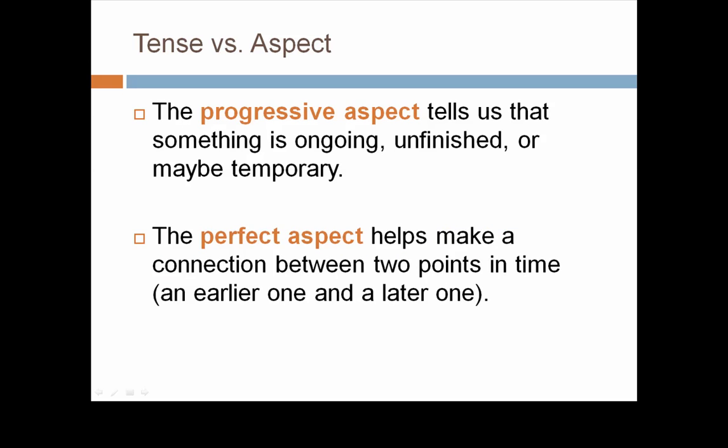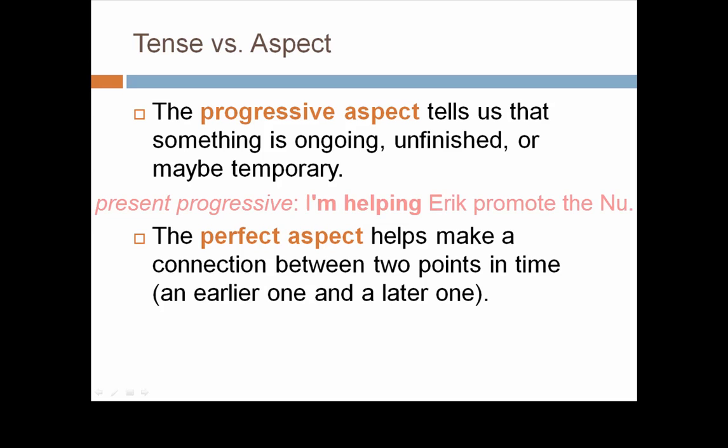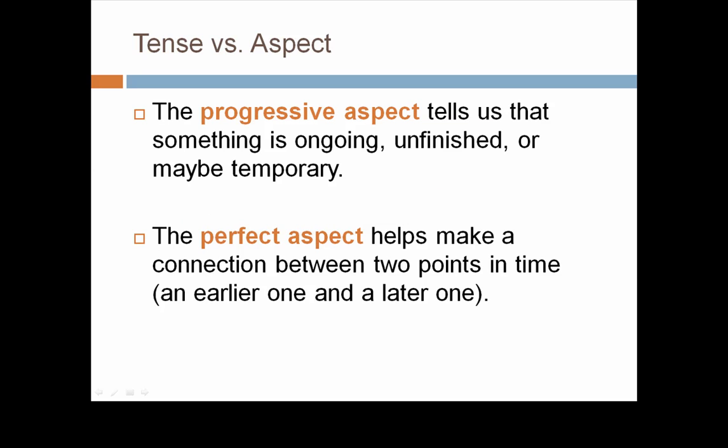Let's talk more about progressive and perfect aspect. The progressive aspect tells us that something is ongoing, unfinished, or maybe temporary. For example, I'm helping Erik promote the new. The perfect aspect helps make a connection between two points in time, an earlier one and a later one.